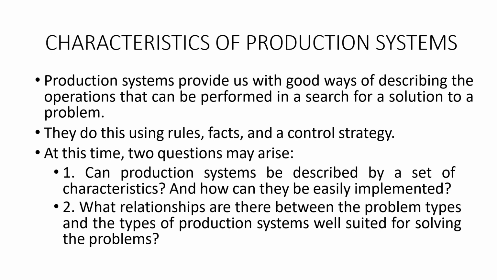So production systems provide us with a good way of describing the operations that can be performed in a search for a solution to a problem. They do this using rules, facts, and control strategy. There are two questions we can consider here. Can a production system be described by a set of characteristics? How can they be easily implemented? And what relationships are there between the problem types and the types of production systems well suited for solving them?